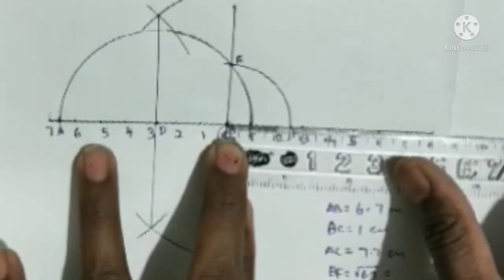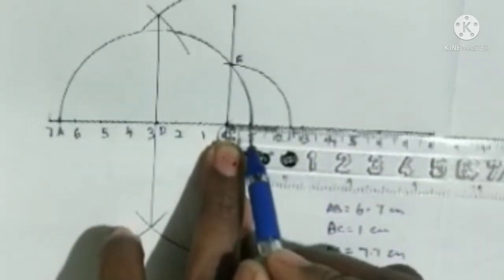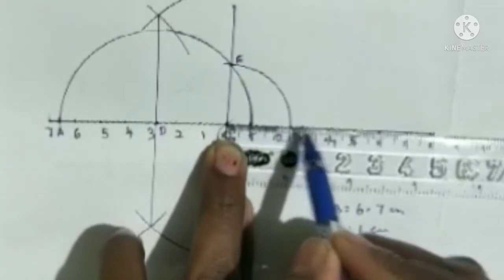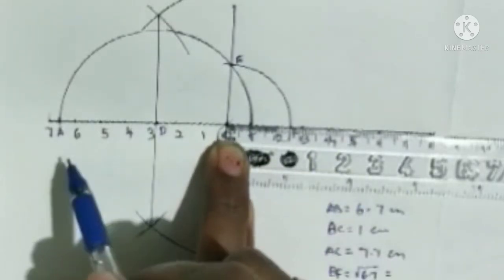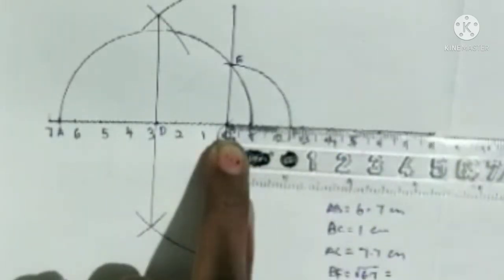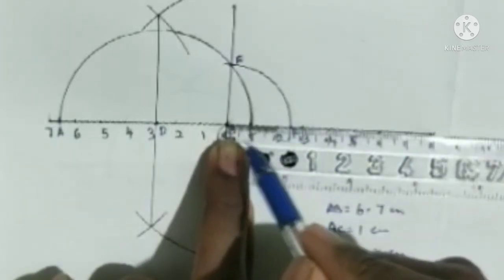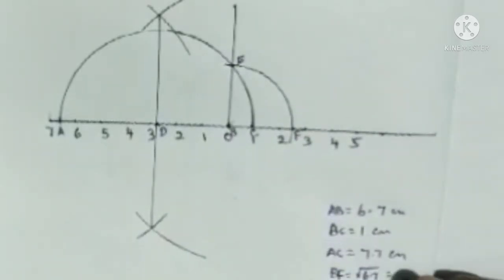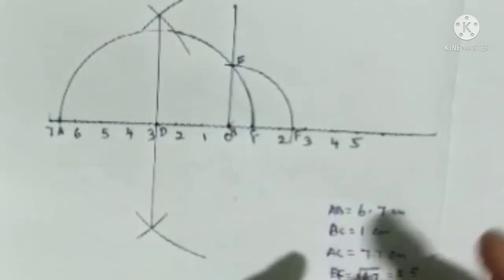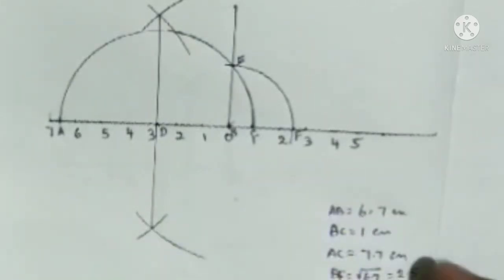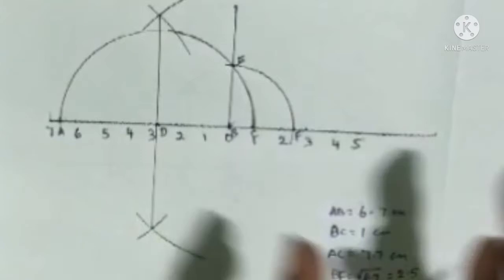See the exact value, that is 2.5. Each measure you take as 1 centimeter exactly, so you get the exact measure. Actually the measure is 2.58, and we get a similar measure only. 2.5 is the correct value.